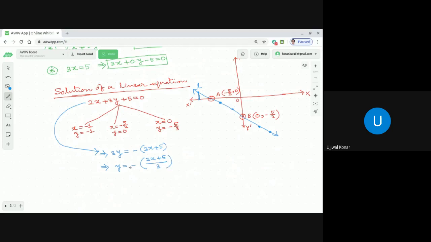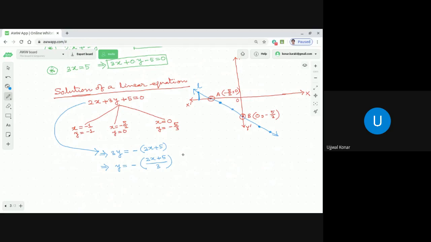Now, you apply any value of x, you will get a value of y.